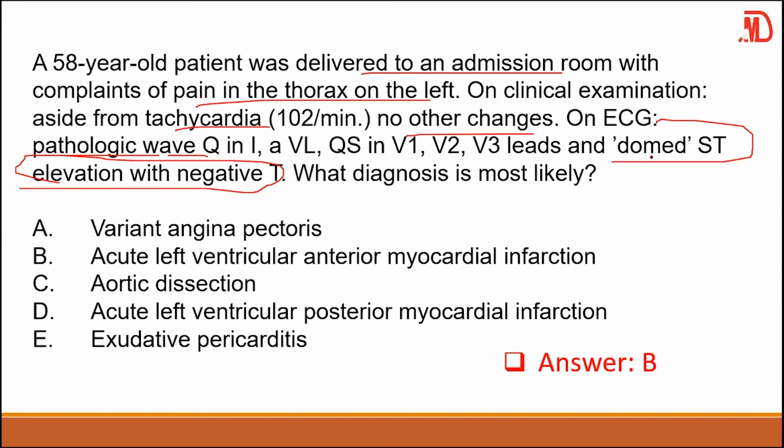Usually we have non-STEMI and STEMI. I don't want to enter into plenty of things, but STEMI, non-STEMI, all these are forms of myocardial infarction. To simplify, mostly when we have the elevation, the anterior is mostly affected, and when we have the depression, the posterior is normally affected.